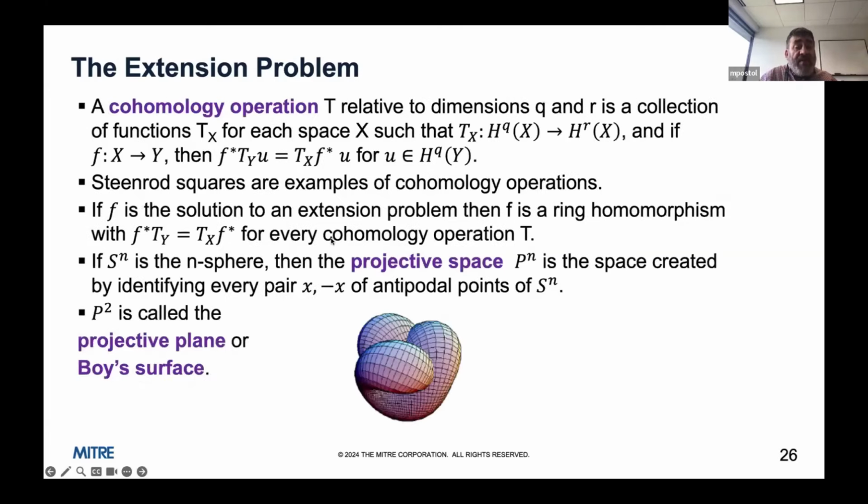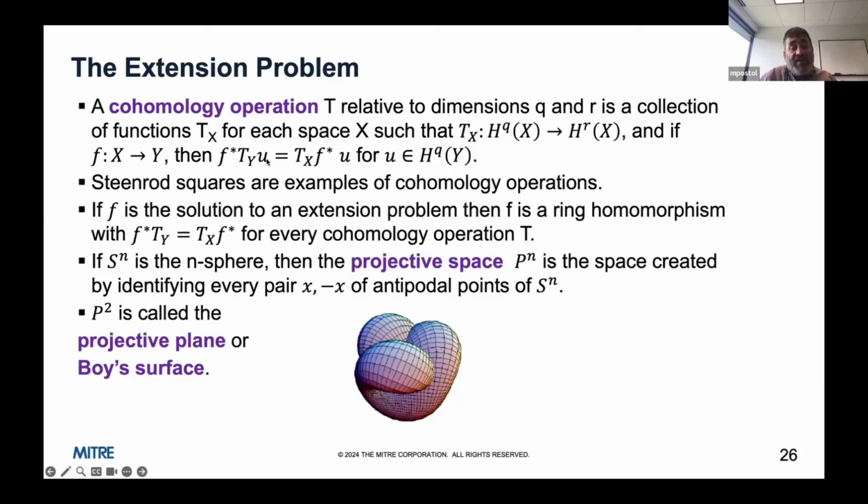We can even do better than that by defining a cohomology operation. Cohomology operations, and Steenrod squares are an example, by all those ugly properties I put up there, go from H^q of X to H^r of X. And if we have a map from X to Y, they're going to commute in the way you'd like.